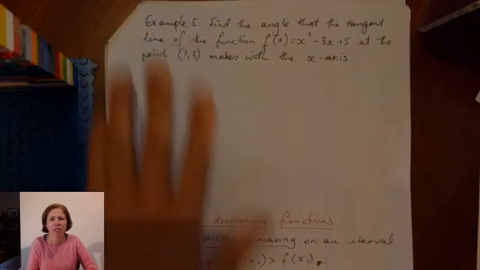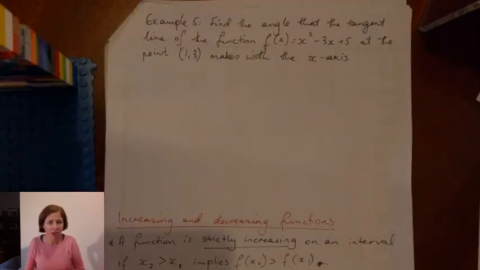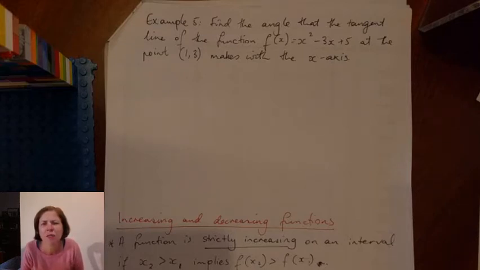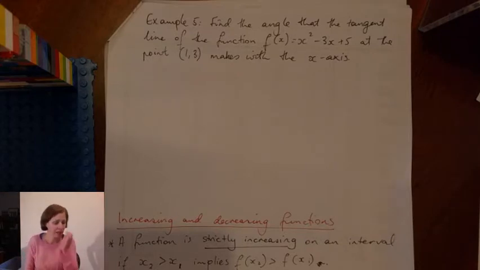Example 5, find the angle that the tangent line of this function f of x equals x squared minus 3x plus 5 at the point 1, 3 makes with the x-axis. Double check this point 1. Yes, that's going to give me 1, 3. So what do I need to do here?